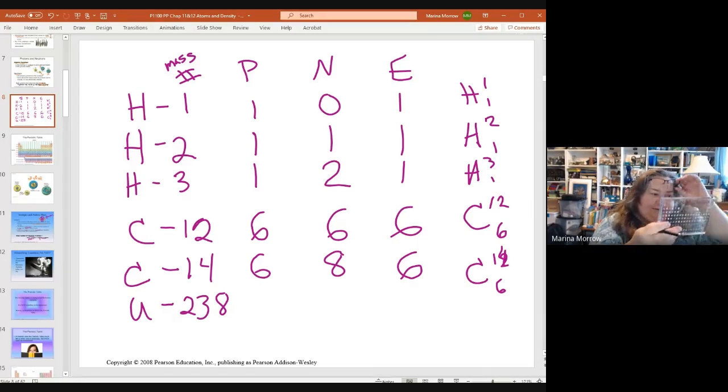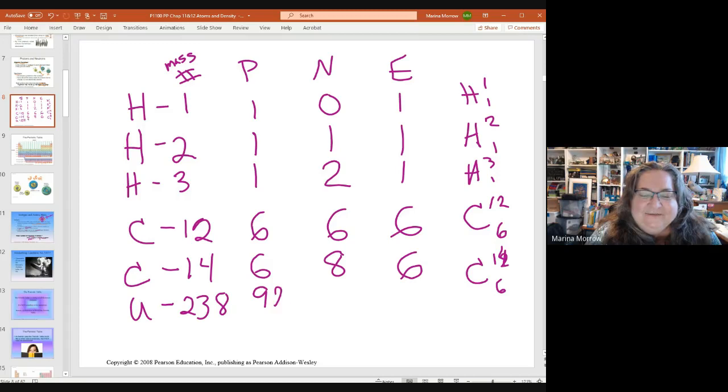Uranium is number 92 on the periodic table, looking at this little crystal periodic table my husband got me. So that means there are an awful lot of neutrons, because we have 238 for the mass, but only 92 are the protons.